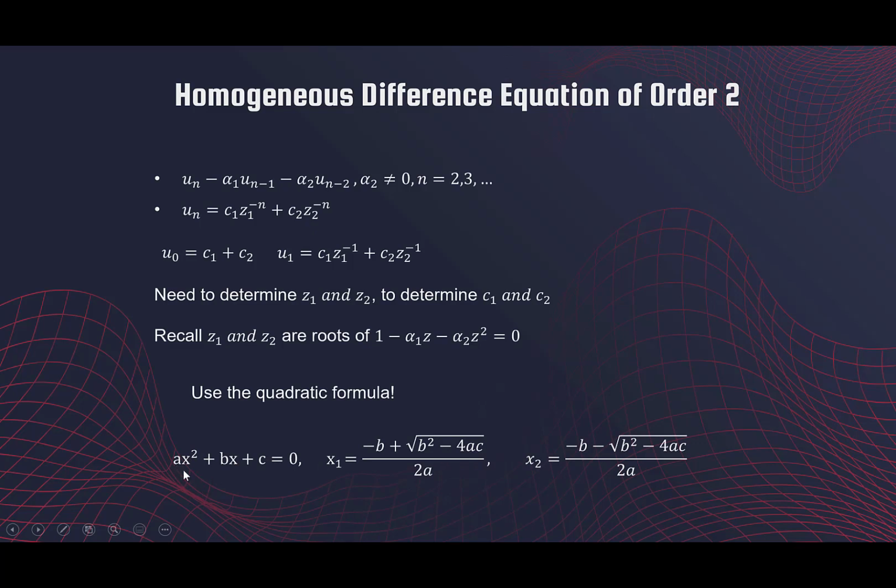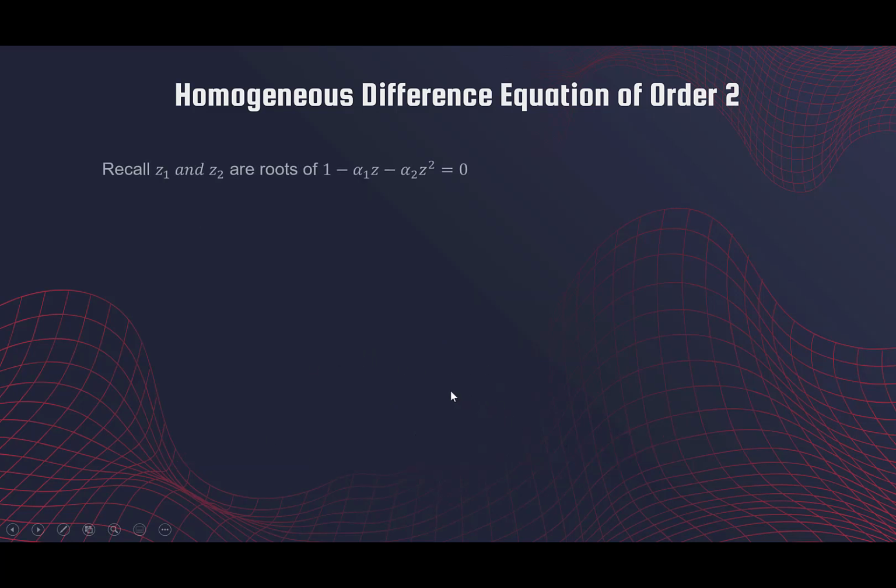If you have the equation ax squared plus bx plus c, then it has two roots. The first root is minus b plus the square root of b squared minus 4ac, divided by 2a, and this is the second root, right? So to solve for this, we can use the same quadratic formula.